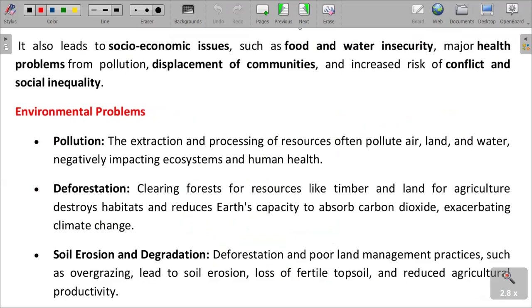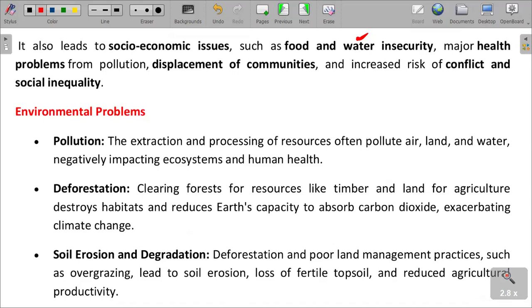It also leads to socio-economic issues such as water and food insecurity. We need to look at water security and food security in South Africa, the availability of food and water to people. There are also major health problems from pollution, and displacement of communities.